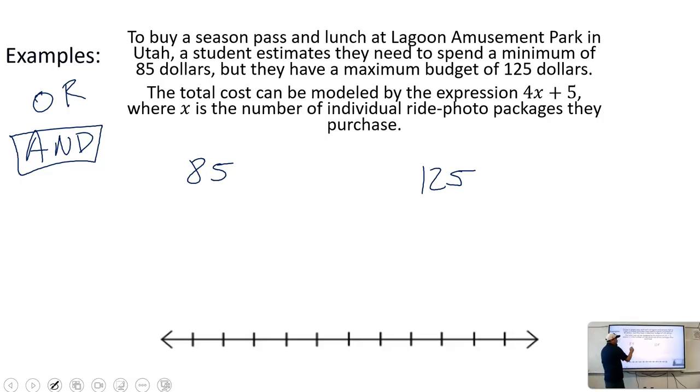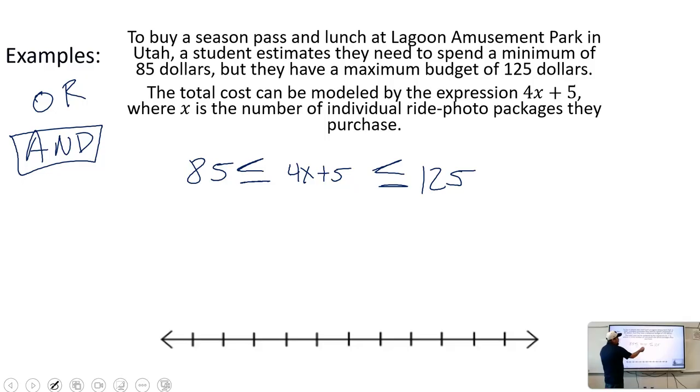Yes, I have $85. It's going to be less than or equal to. You have to pay a minimum of $85. Let's put our expression in the middle. And then we have a maximum of $125. So we can spend exactly $125, which means it's got to be less than or equal to. All right, so we have our inequality set up.